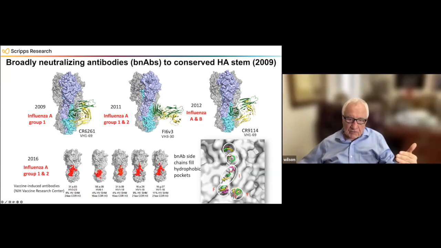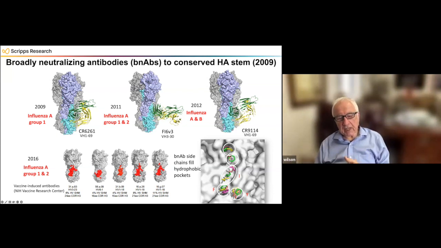You can see there are 5 pockets being filled. This one here is almost always an isoleucine, this is a phenylalanine, this one's a tyrosine. That gave us a lot of good information for thinking about targeting, not only with antibodies and vaccines, but as we'll see, with small molecules.